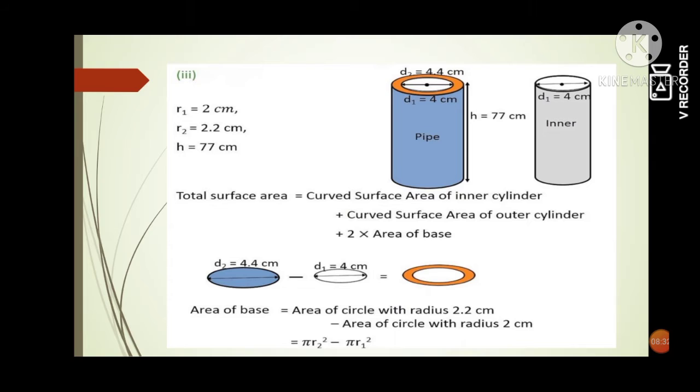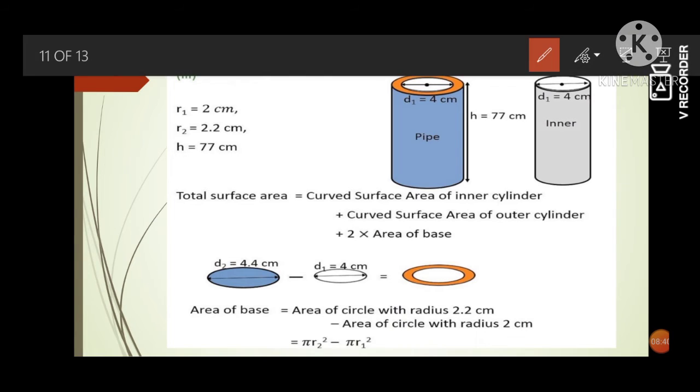Now subpart 3, the total surface area. So try to imagine a pipe. In a pipe, the middle part is hollow. That means the diagram which is drawn in the right hand side, that is the gray one, this part is hollow. And the orange circle you can see in the first figure, the orange circle is the solid portion.